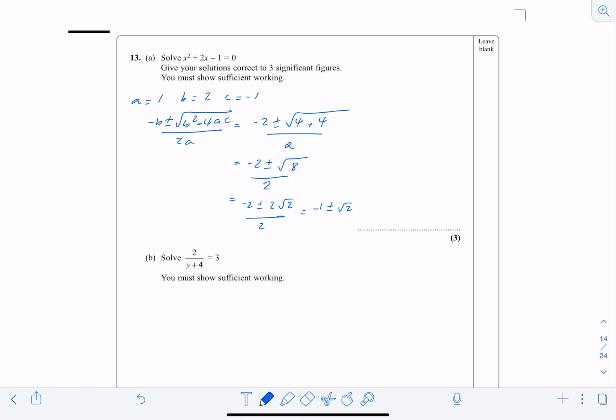Polynomial 2, 1, 2, -1, 1 plus root 2, 1 minus root 2. Okay, yep, that's right. So 1 plus root 2 on my calculator is 2.41 to 3 significant figures, and the other one, 1 minus root 2, is going to be negative 0.414.